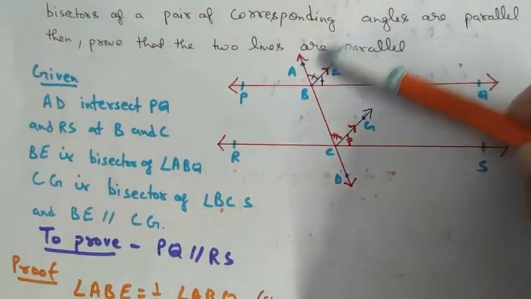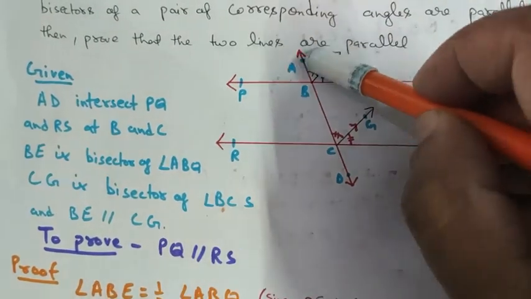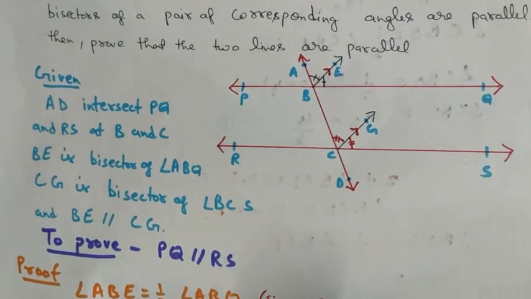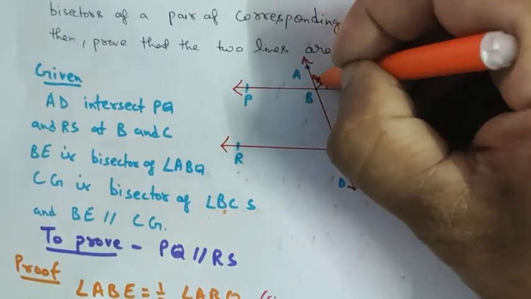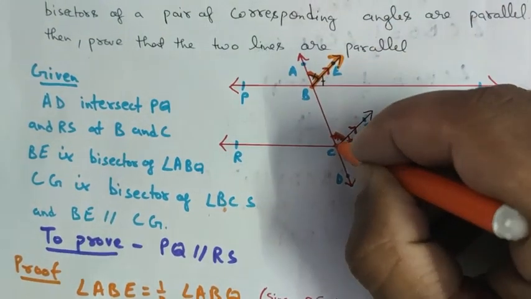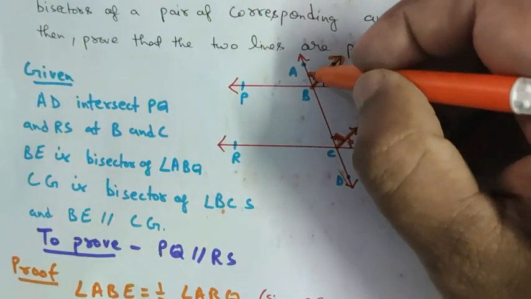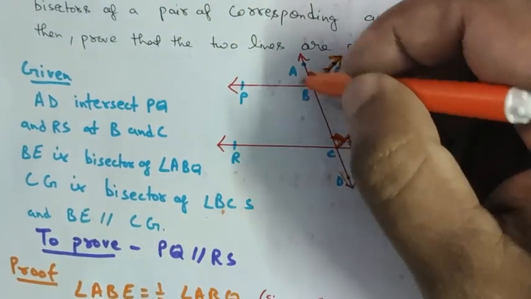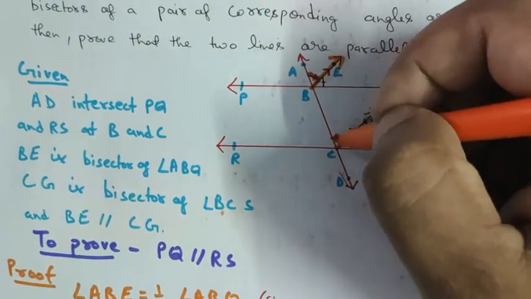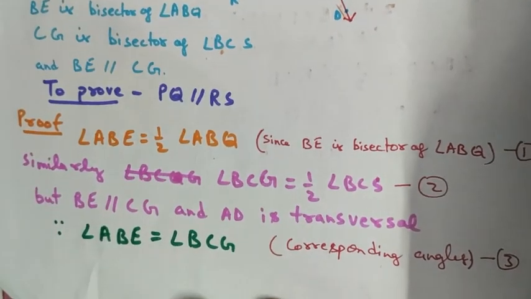We have proved that these two angles are equal, and these are parallel lines with AD as the transversal. So these angles will be equal, because they are corresponding angles.